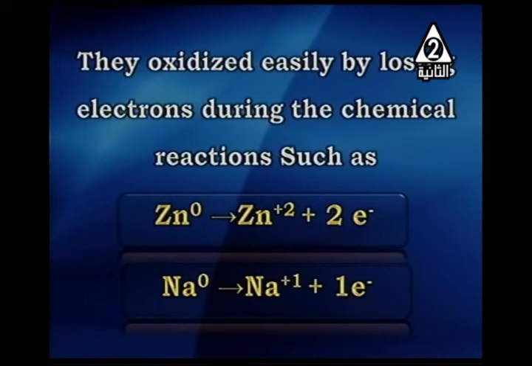They are more active than hydrogen, like the electrochemical series or chemical activity series. So this is the same thing compared between these two series. So they are oxidized easily by losing electrons during the chemical reaction, such as zinc or sodium or aluminum or any of these metals that are more active than hydrogen.